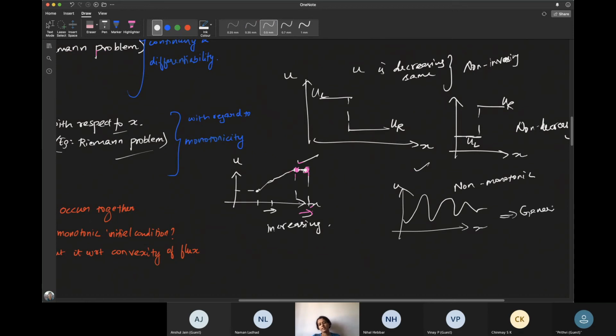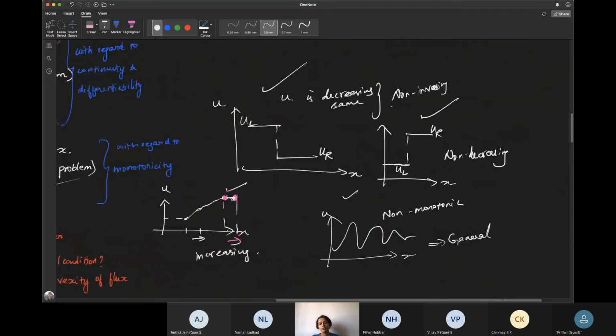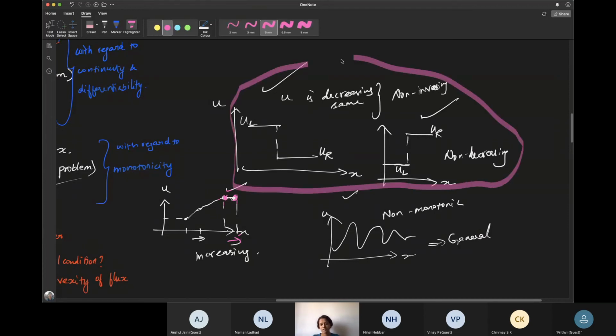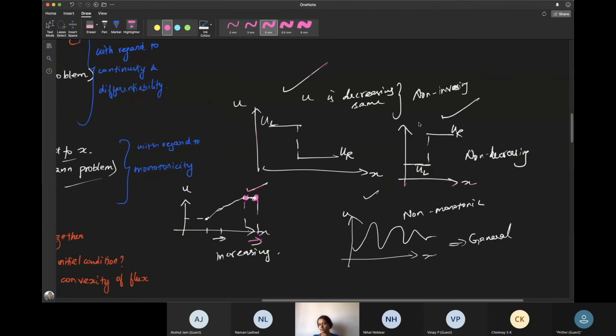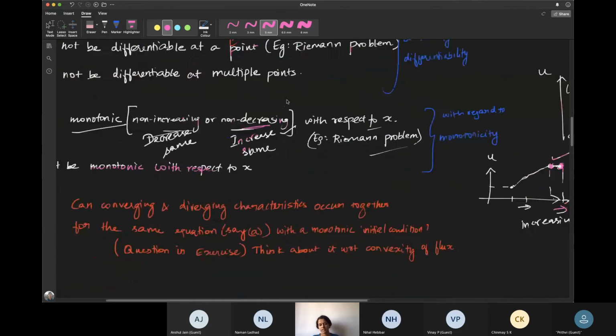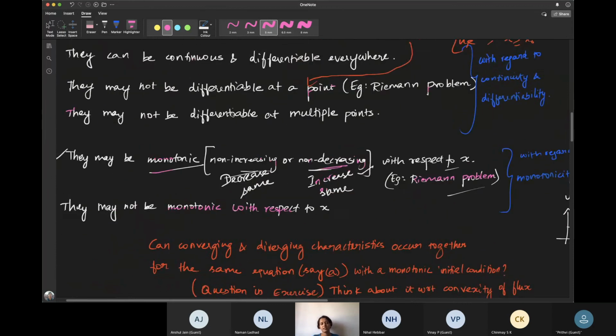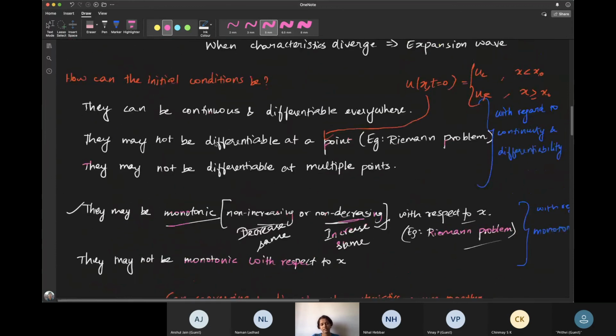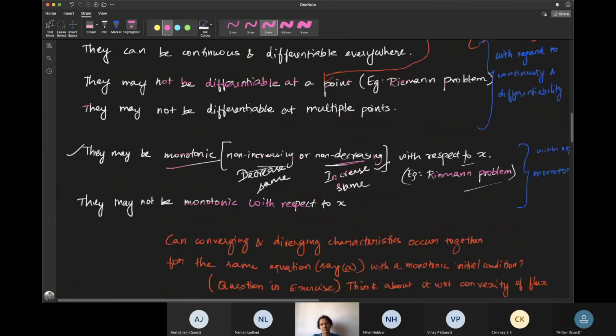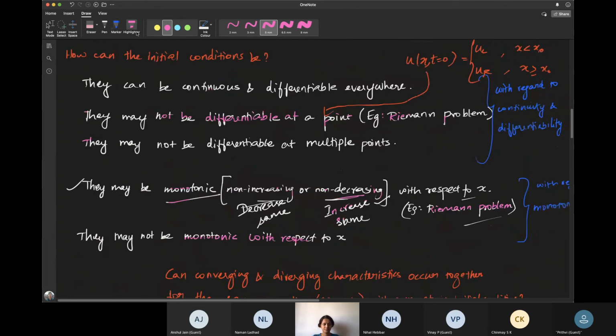These are some nice special cases that we can treat, and they will help us in understanding the system better. So we are considering these special initial conditions called monotonic. For monotonic initial conditions, the Riemann problem is your example, and also for an initial condition that may not be differentiable at a single point, the Riemann problem is your example. So it serves as an example for two of these cases.